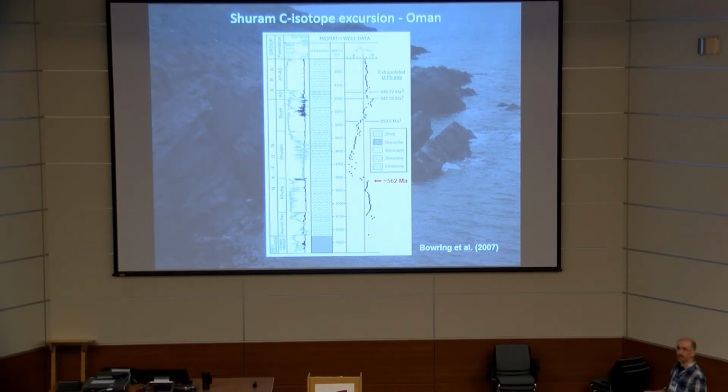These are not direct age constraints. So Shuram remains work in progress because we don't have any direct age constraints. At this time, that's the best constraint we have, and it shows basically that the duration of the excursion was probably between 5 and 11 million years. So still waiting for better constraints.